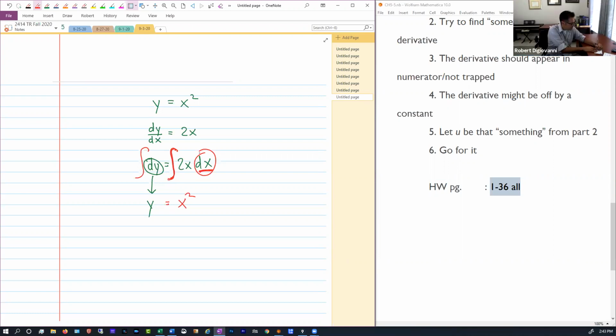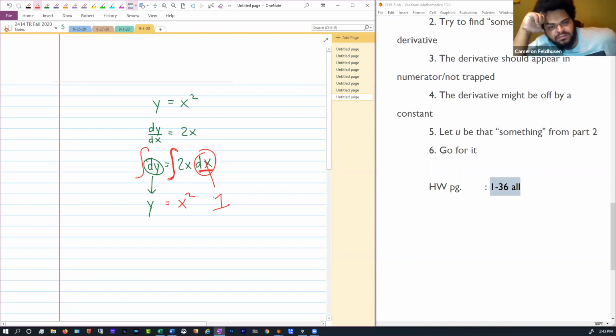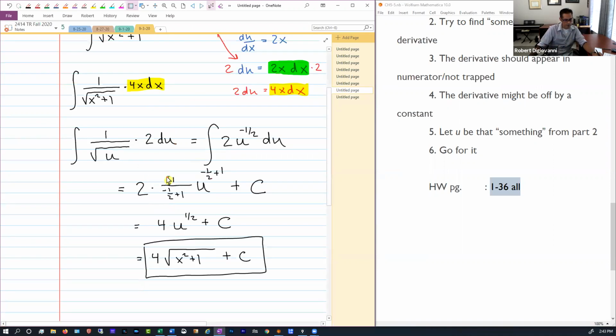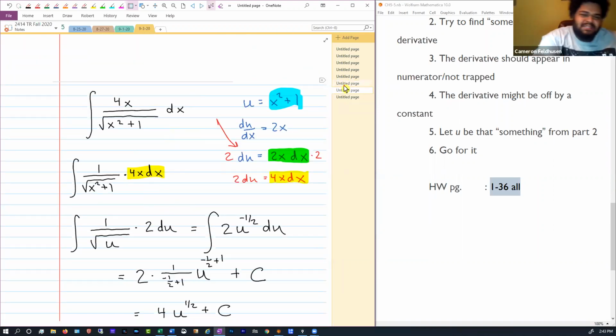It's not technically a value. You're not actually taking the antiderivative of it. It's almost like this is really just a 1, but it's holding place value, keeping track of your variable. And when we do a substitution, you have to use the variable.